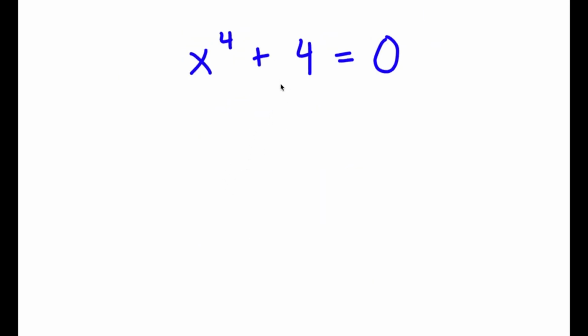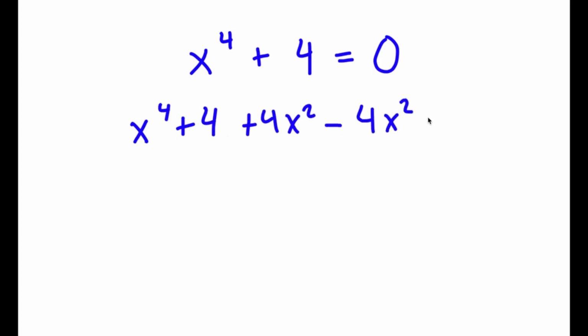Alright, so in this problem, I have x to the power of 4 plus 4 is equal to 0. So to solve this problem, I'm going to start by adding as well as subtracting 4x squared on my left-hand side. So now I'm going to have x to the power of 4 plus 4x squared minus 4x squared is equal to 0.